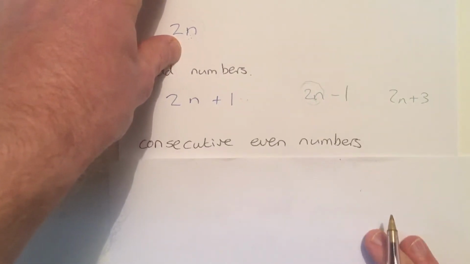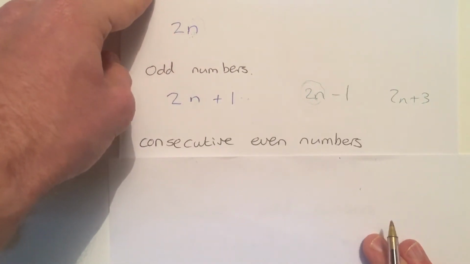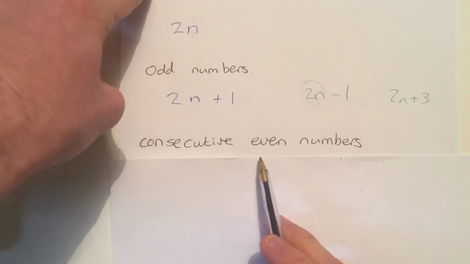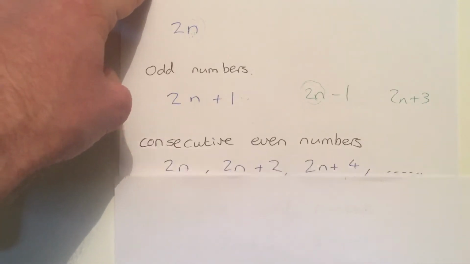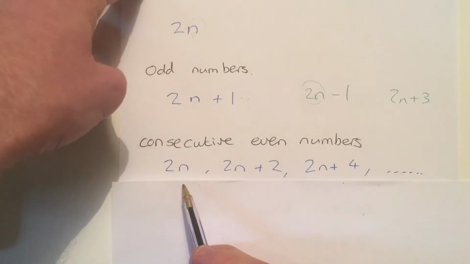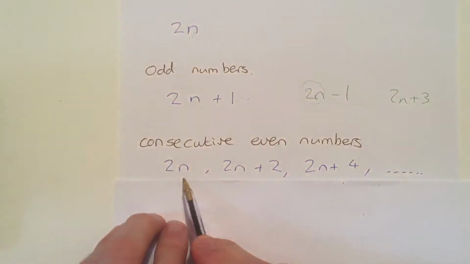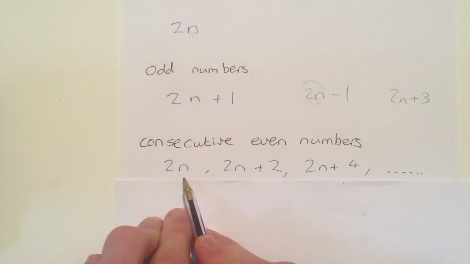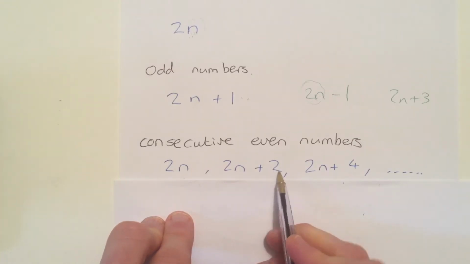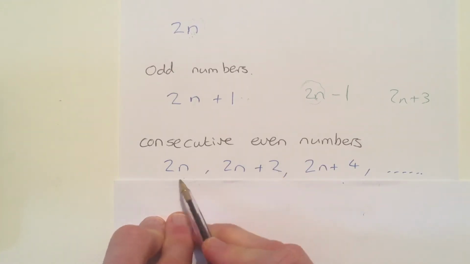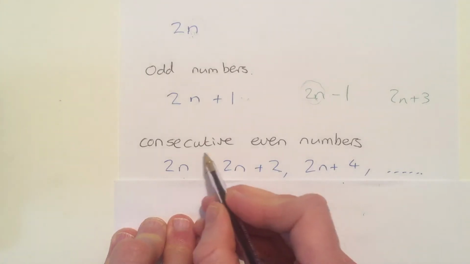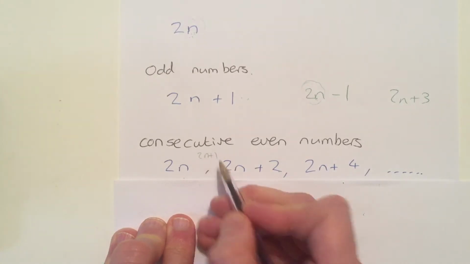If I'm talking about consecutive even numbers, so this is even numbers one after each other. The first consecutive even number, the most simple one I could do, would be 2n. The next even number after that would be 2n plus 2. Because I know the number after 2n would be 2n plus 1.